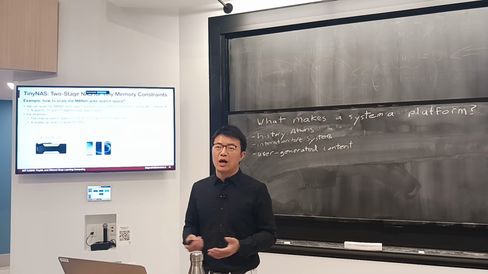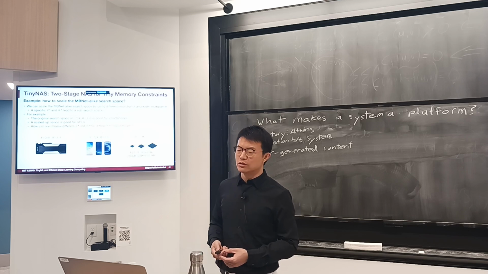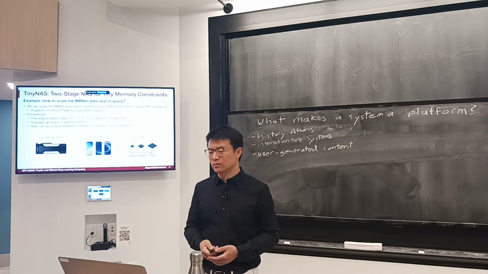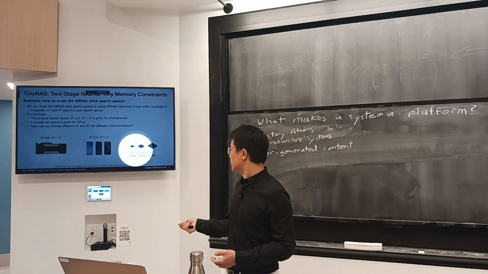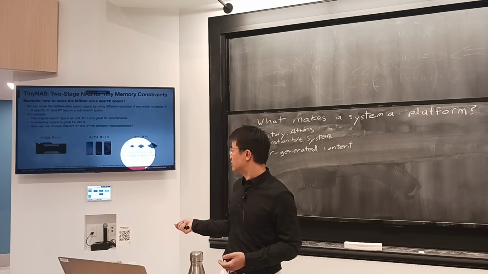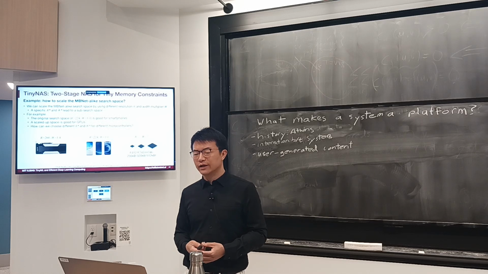We can scale them up for GPUs, and similarly we can scale them down for microcontrollers. Then the question is, how much exactly do we scale them down? Different microcontrollers also have different memory budgets, from 256 kilobytes all the way to 512 kilobytes.